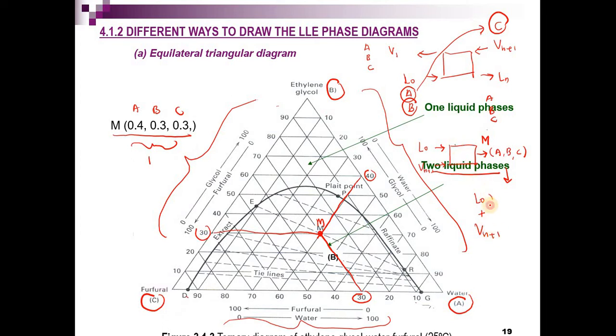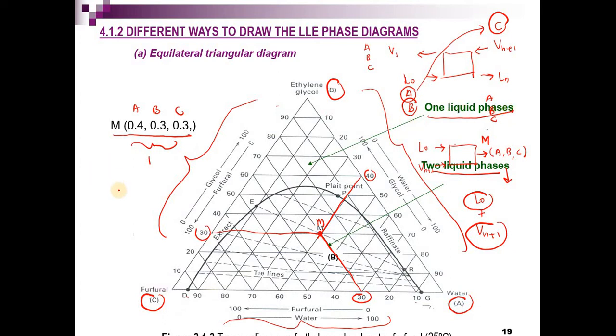The feed is a liquid and Vn plus 1 is a liquid also. So the two liquids will mix together. That's why we call it two liquid phases. Outside the equilibrium curve, we call it one liquid phase.